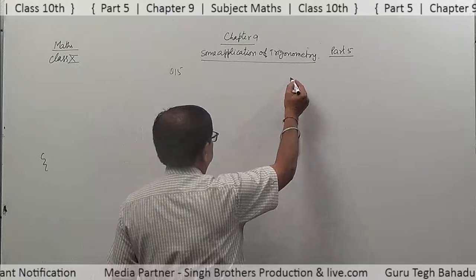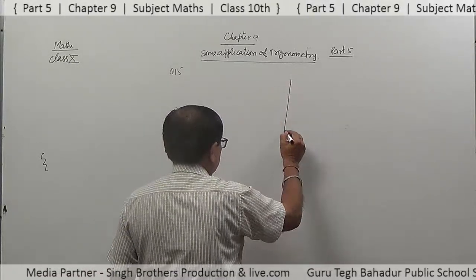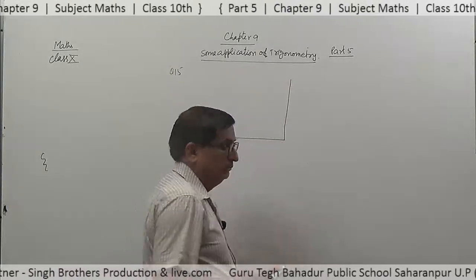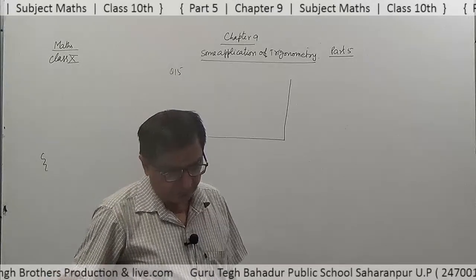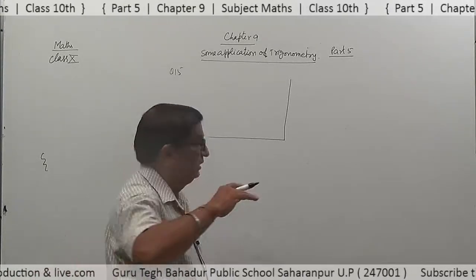This is your tower, this is your straight highway. The angle of depression of a car is 30 degrees.